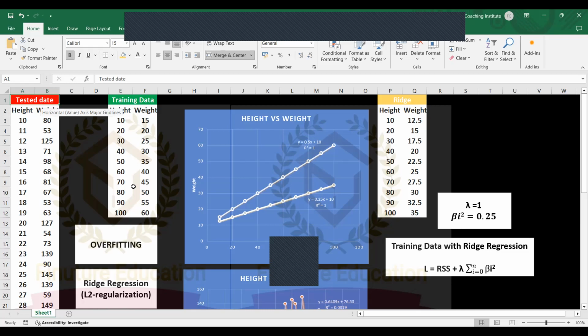So this is training data wherein you collected the sample from one division and arrived at a model. You arrived at this equation, which serves as a model for your further prediction. You can notice that R square is 1. So on training data, your model is the best fit.